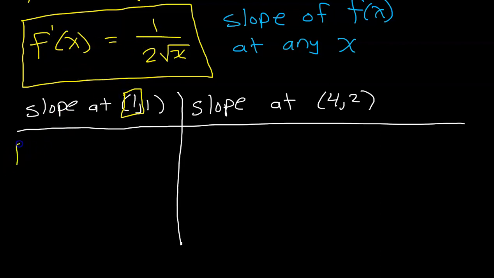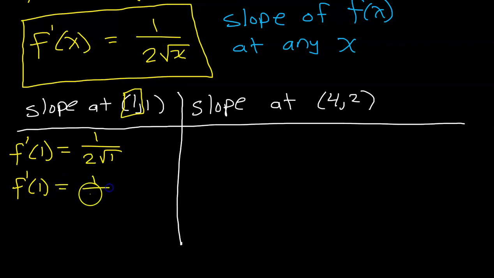So if I want to find the slope at an x value of 1, I'm going to do f prime at 1. So that would just be 1 over 2 times the square root of 1. I'm just substituting 1 into the formula. That's going to give me the slope. All right, so the slope at an x value of 1 is 1/2.